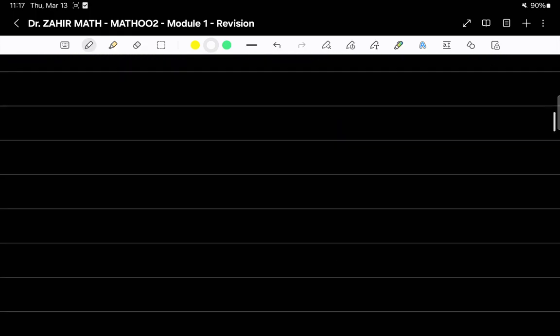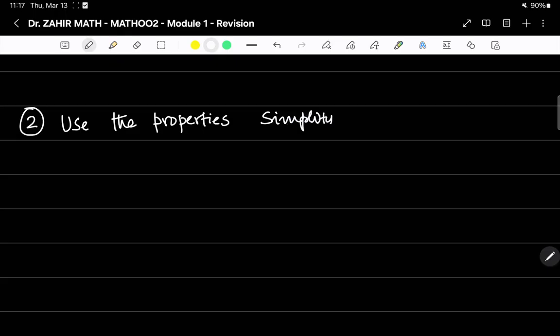What is the next idea I said? This is number 2. Use the properties of natural logarithm or common logarithm, whatever it is, and simplify.